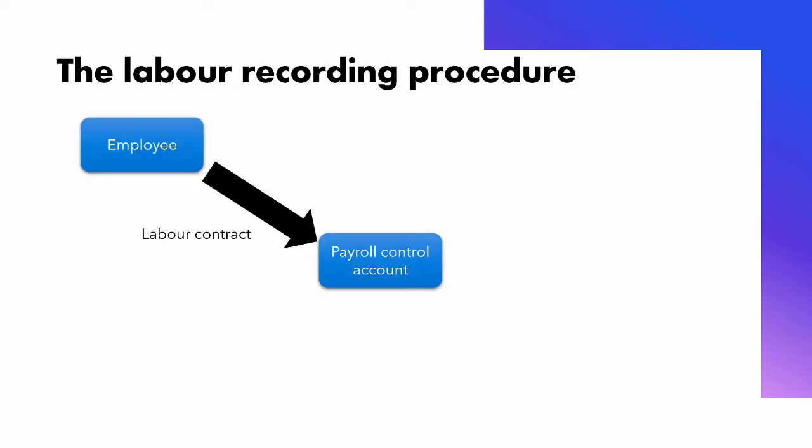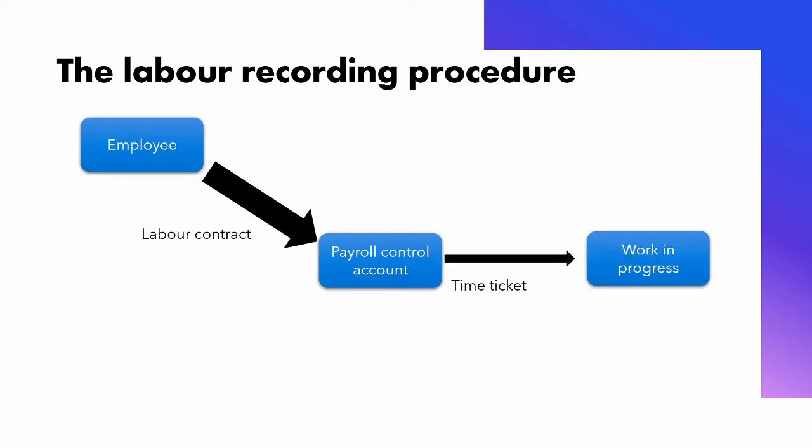We now move on to the second phase of recording our labor. Remember that we have accumulated our payroll costs in the payroll control account. We then look at the employees' time tickets, or time sheets, and we need to allocate the cost of labor to our work in progress account based on the number of hours they worked on jobs.